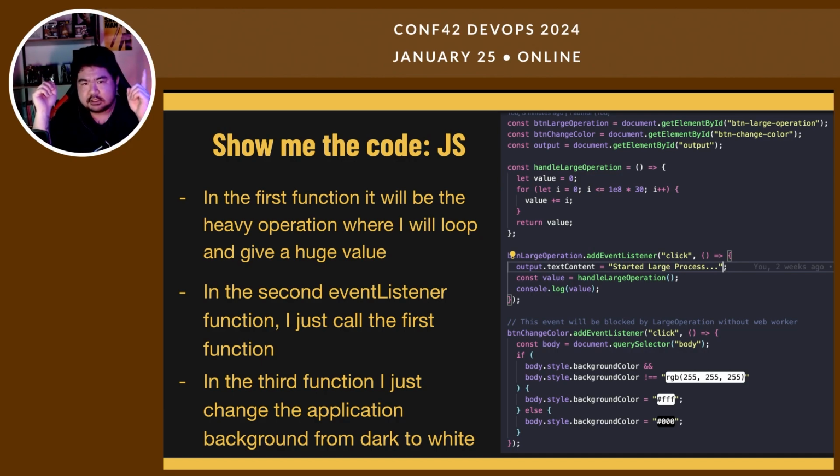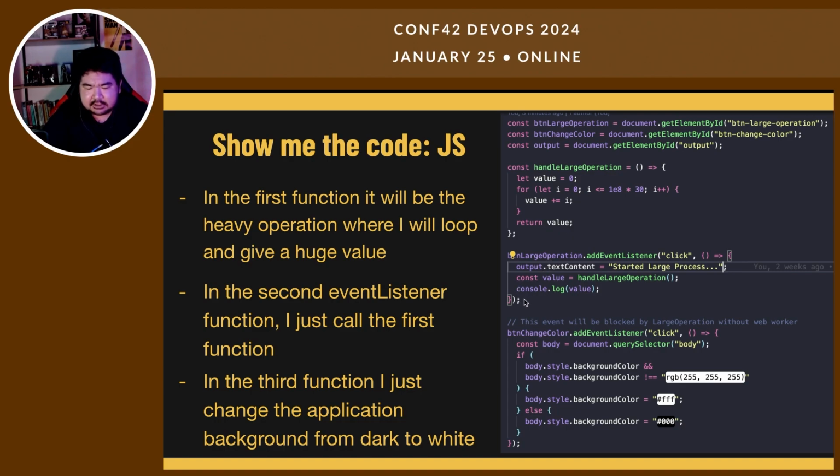That is 1 and 8 zeros, okay? And multiplying by 30. And I'm returning this value here, okay?